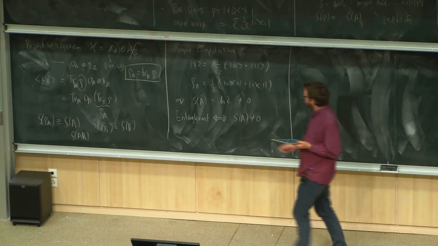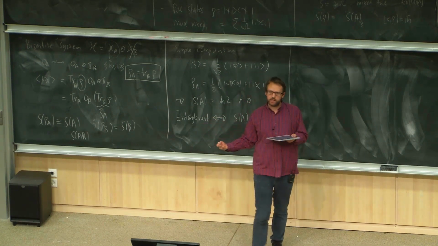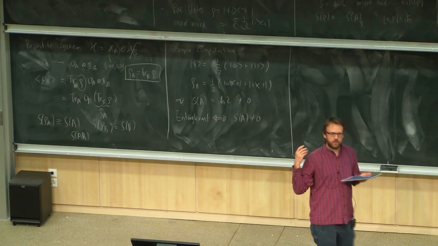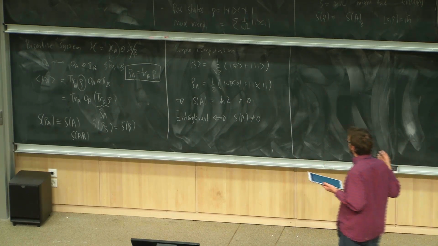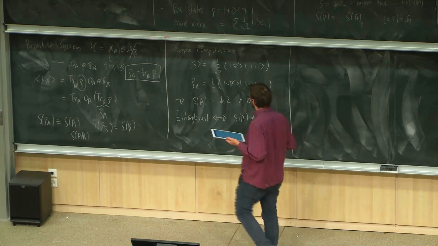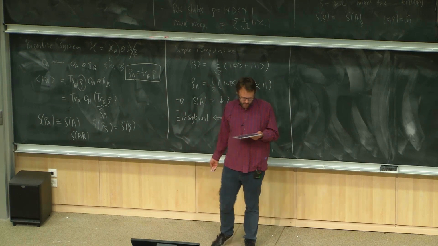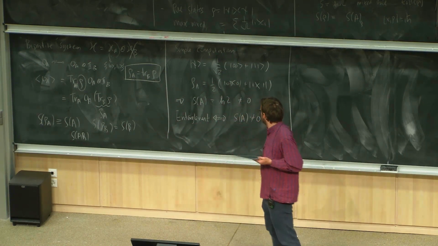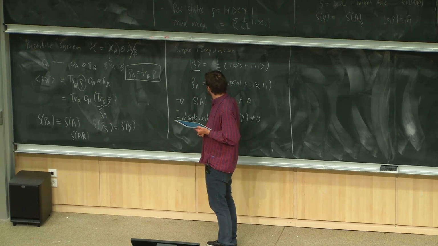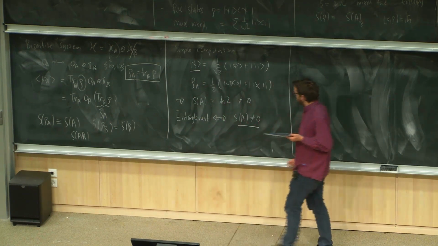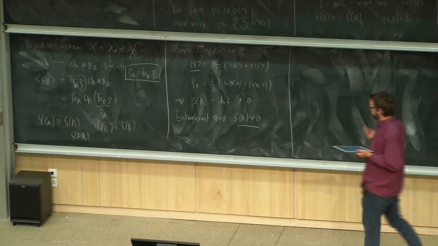Now, it turns out that this is the true way to think about entanglement in a bipartite system, if the original state is pure. However, if the original state is mixed, then characterizing entanglement is a much more difficult endeavor, and I'm not going to go into that. But for us, it's sufficient to know that if we start with a pure state and then we trace over something, and if we get some von Neumann entropy of the subsystem being non-zero, then you have entanglement. So this is a measure of entanglement.